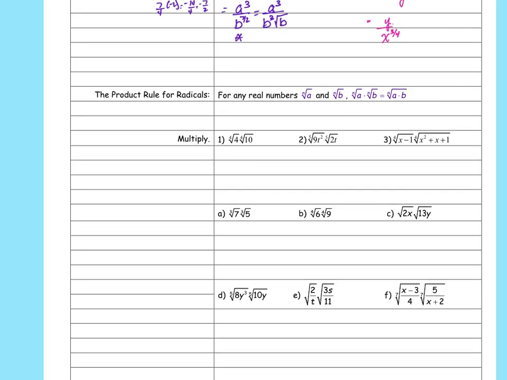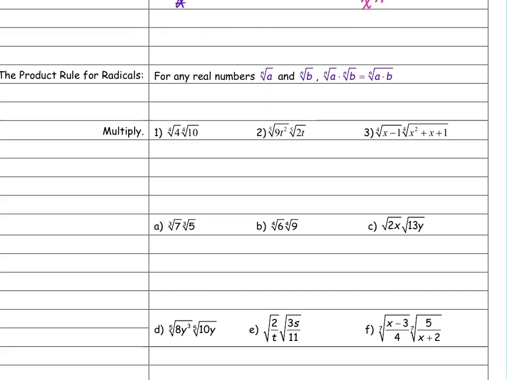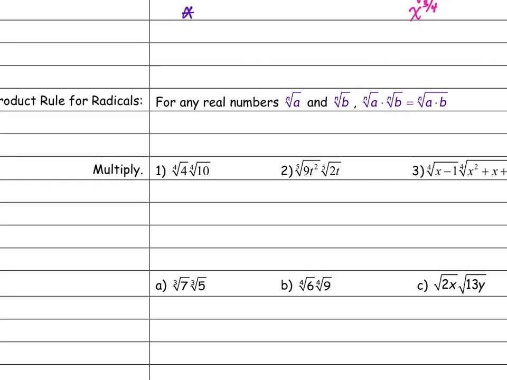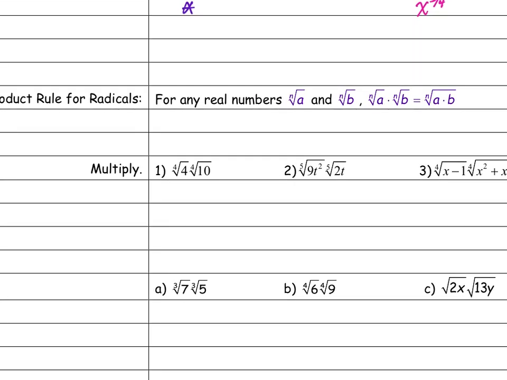Okay, so we're going to multiply square roots and nth roots together today. So we're multiplying stuff together. The rule says for any real numbers, the nth root of A times the nth root of B is the nth root of A times B. Notice that the roots have to be the same before I multiply them together.